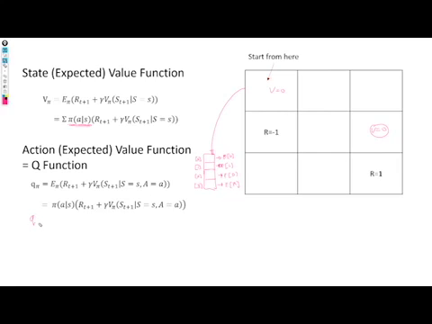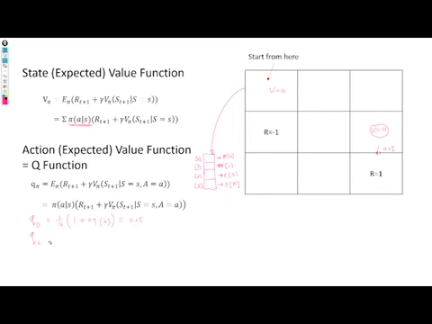Say Q of, where pi is the policy, let's only look at moving down. That is 1/4 at the very first iteration, because it's all initialized equally. Then the next state's reward value is 1 and 0.9 times the state expectation, which is 0, and that is going to be 0.25. So the expected value of going down at this state will be 0.25.